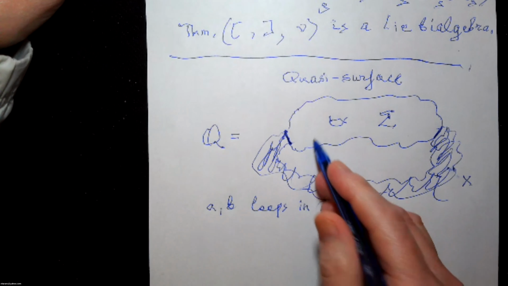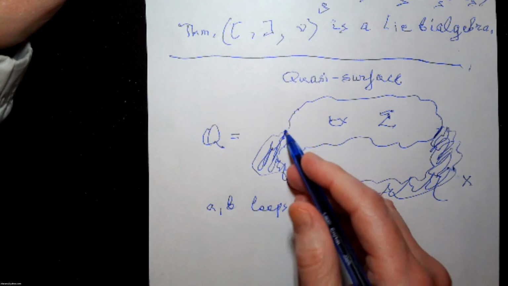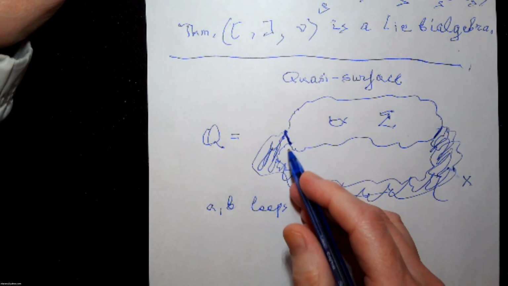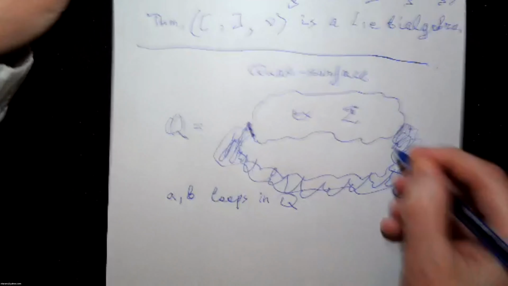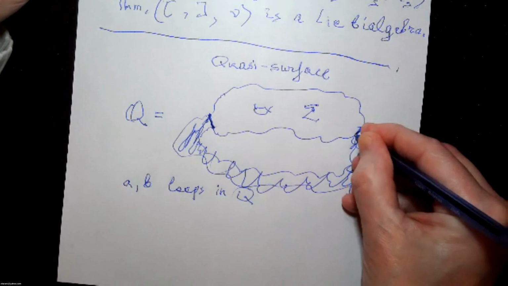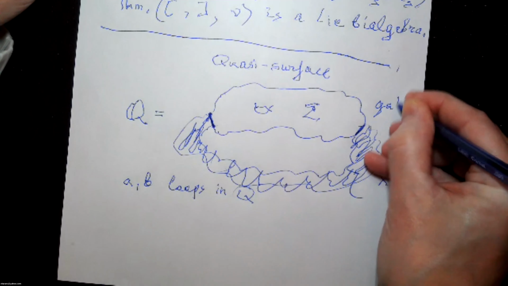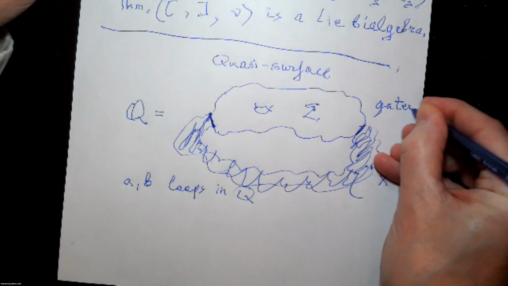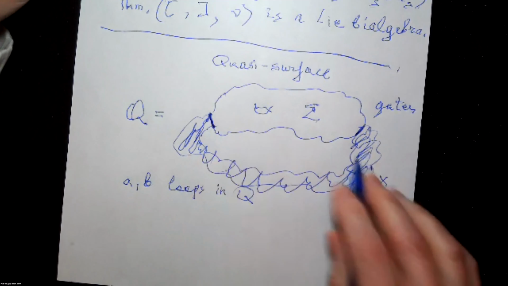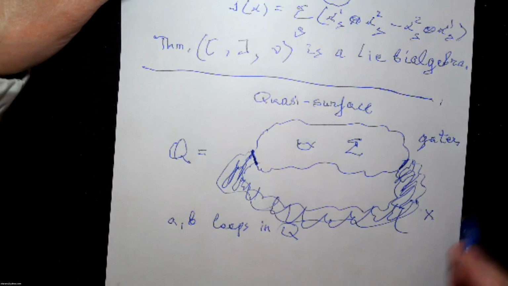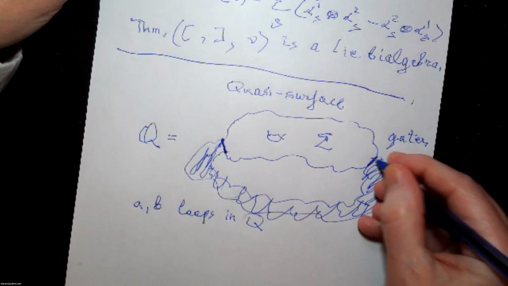Now, to go from the surface to this bad part, we need to cross these segments. So these segments, therefore, I call gates. So there are two gates here on this picture. Now the gates are segments, they can be oriented.